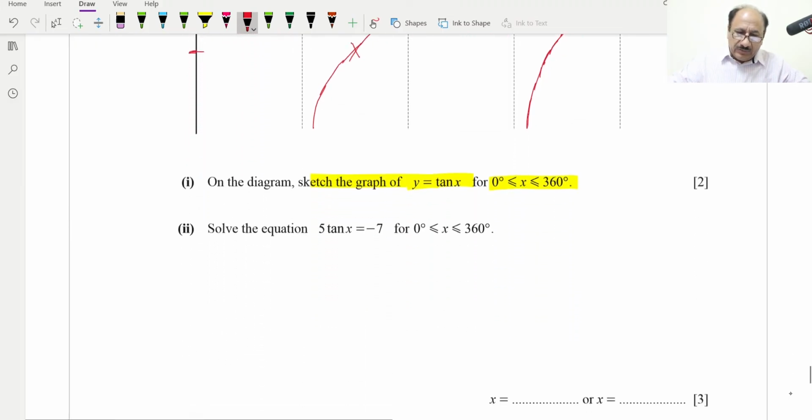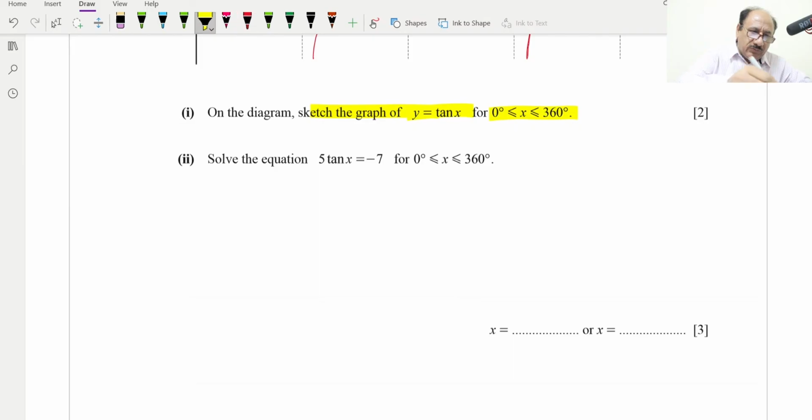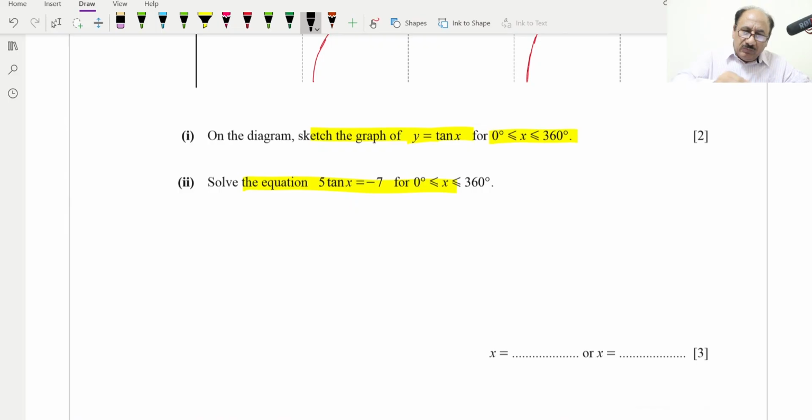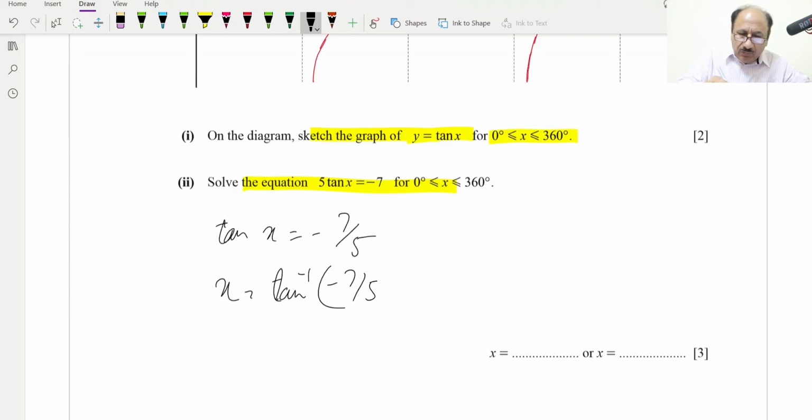Then the next thing is to solve the equation. We have to solve this equation: 5 tan x is equal to minus 7, for 0 to 360. We can write it as tan x is equal to minus 7 over 5, or x is equal to tan inverse of minus 7 over 5.